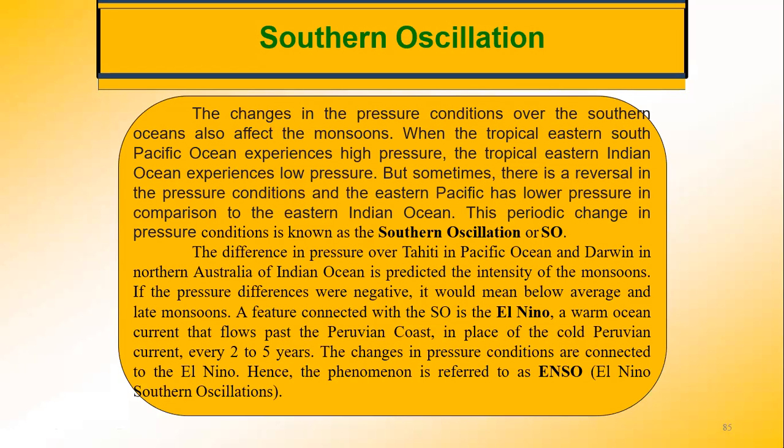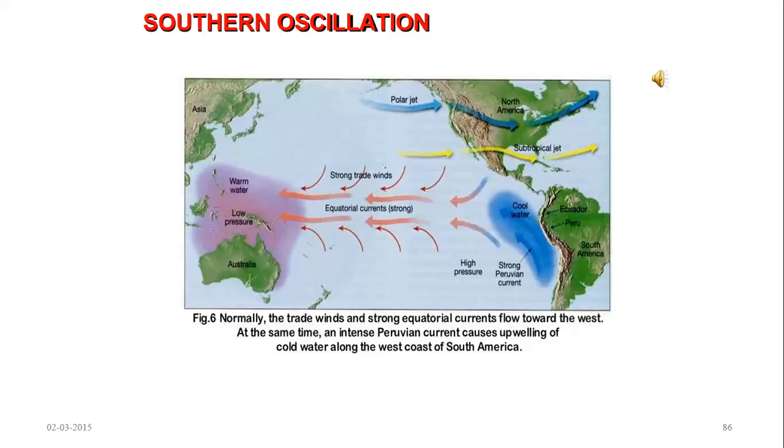So we have learnt about two other things, that is Southern Oscillation and Indian monsoon, and ENSO. ENSO is El Nino and SO is Southern Oscillation. This is Southern Oscillation, which I've told you. It's a seesaw pattern of pressure changes, which is generally observed between the Indian Ocean and Pacific Ocean.